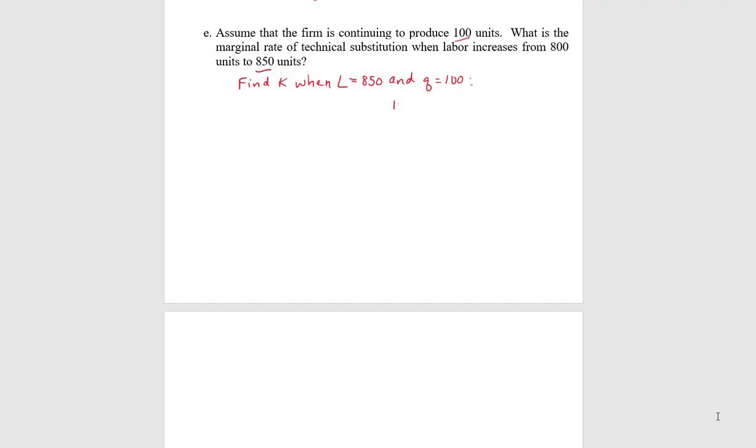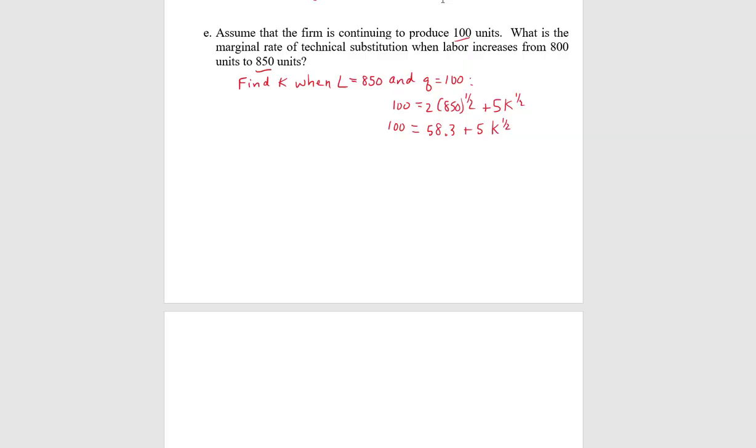We'll use our production function. We'll say 100 equals 2 times 850 to the 1/2 power plus 5 times K to the 1/2 power. I don't know what K is. That's what we're trying to solve for. So we'll take the square root of 850 and we'll multiply it by 2. That works out to be 58.3 plus 5 times K to the 1/2 power.